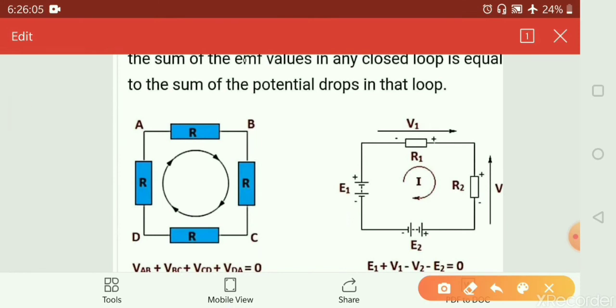In this circuit we have two voltage sources E1 and E2 and two elements R1 and R2.